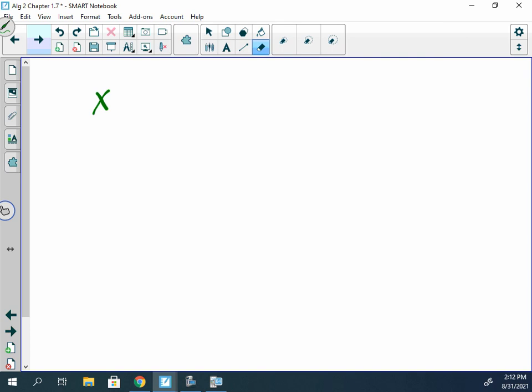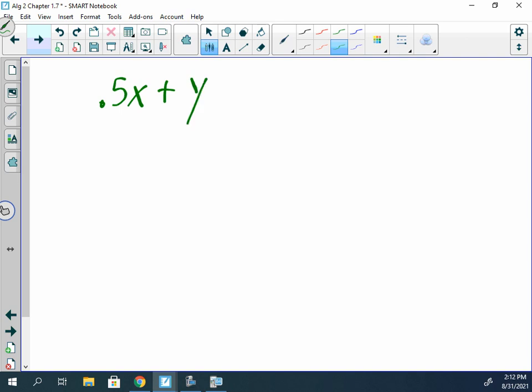Well, they gave us some dollar values, didn't they? So we know what? 0.5x would be our chips, and then what? So 1y equals 5.50. Do we have anything else?